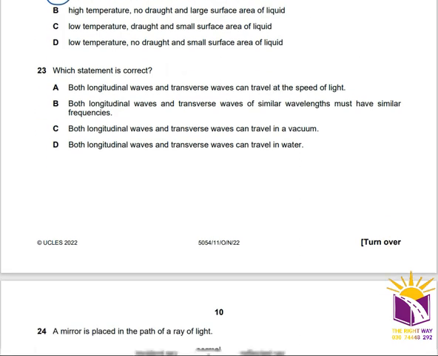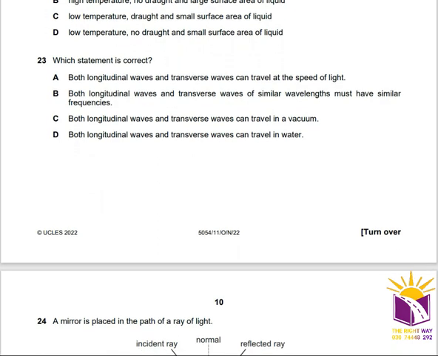Question number 23. Which statement is correct? Both longitudinal wave and transverse wave can travel at the speed of light. No, the transverse wave travels at the speed of light, but the longitudinal wave does not. Both longitudinal wave and transverse wave of similar wavelength will have similar frequency.